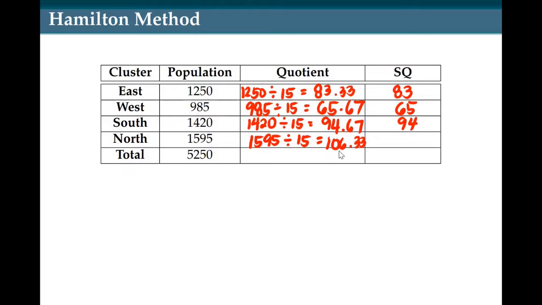If we round down to the nearest whole number, we have 106. So if we sum this up, 83 plus 65 plus 94 plus 106 gives us 348.